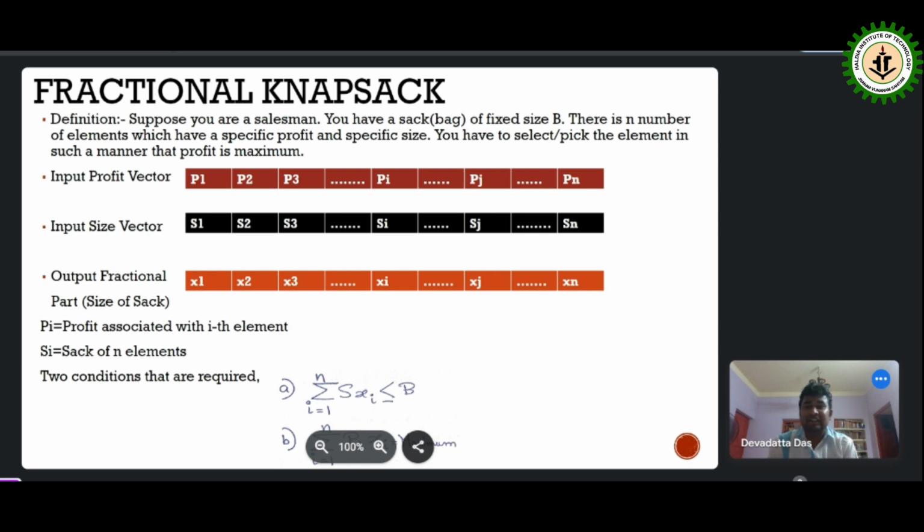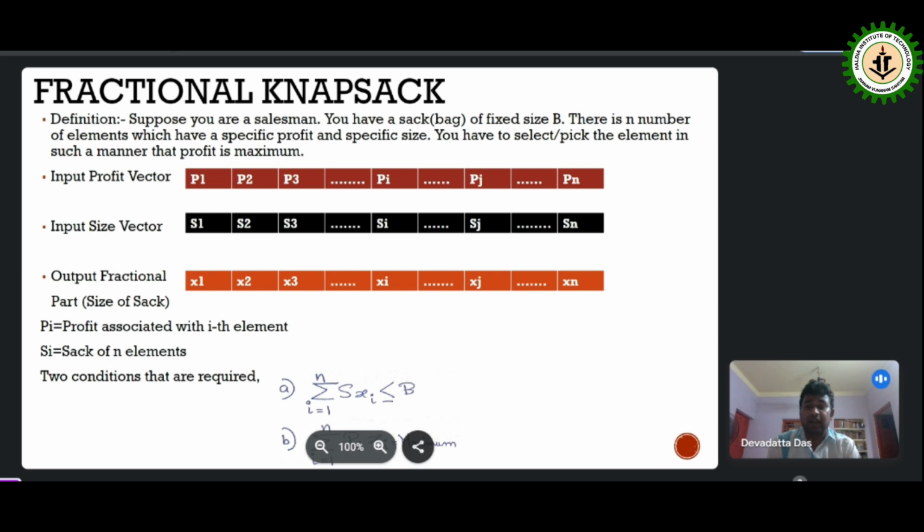In this slide, I'm showing the input profit vector and input size vector. The input profit vector is in the range P1 to Pn, the input size vector is S1 to Sn, and the output is the fractional part x1 to xn.